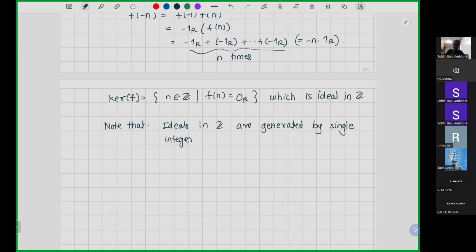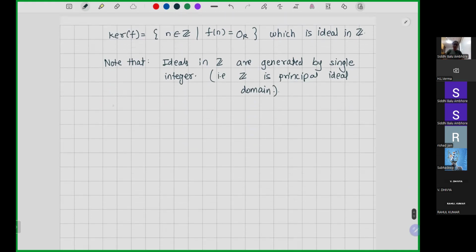In other words, Z is a principal ideal domain. So this kernel f must be generated by some m, or similarly minus m, for some m where m is a non-negative integer. Okay, this much is fine. Any doubts so far?